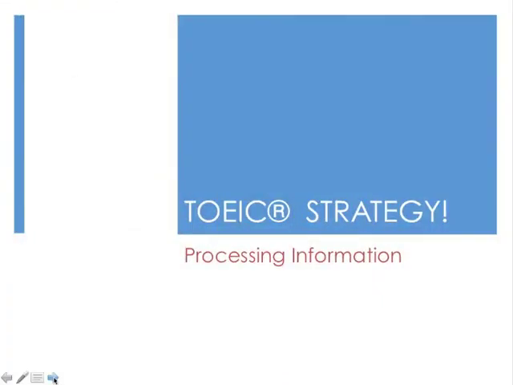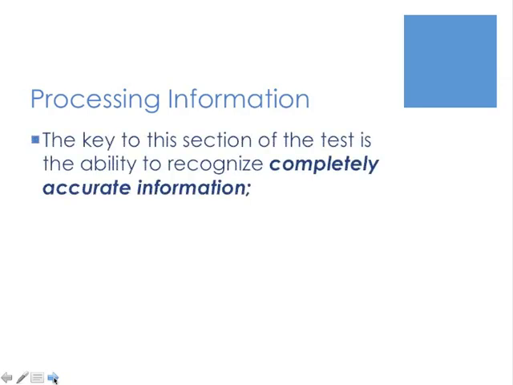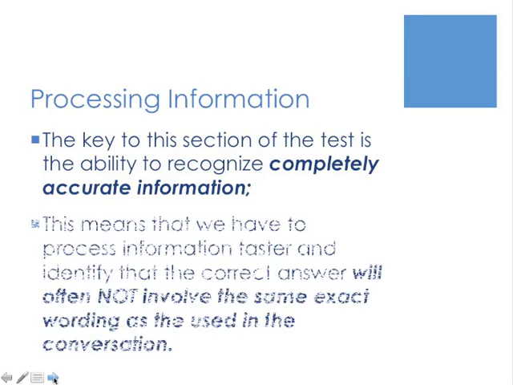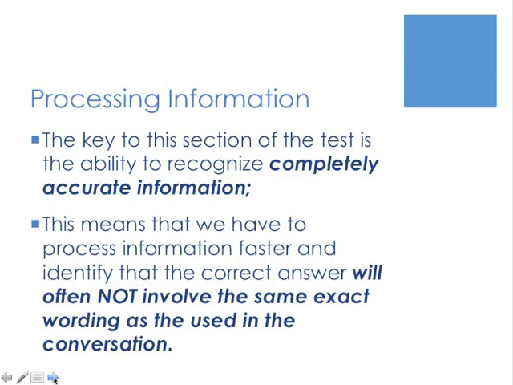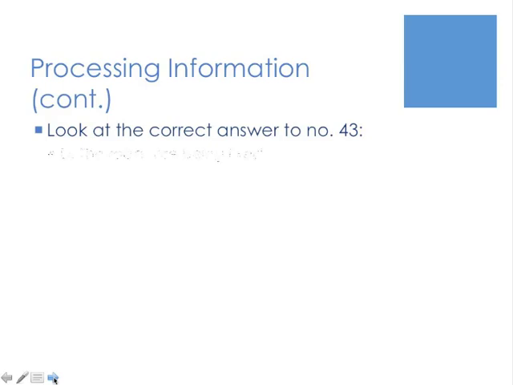So this brings us to our final point in the video, and that's talking about the importance of processing information. Now we're going to talk more about this in our final video when the listening passages get even longer. But the idea here is that we have to recognize completely accurate information. Now what this means is on the TOEIC, oftentimes the correct answer will not involve the exact same words. So again, if you think about the correct answer, the roads are being fixed.